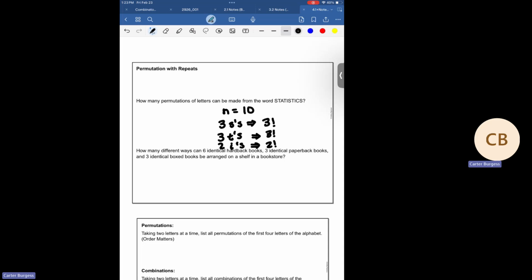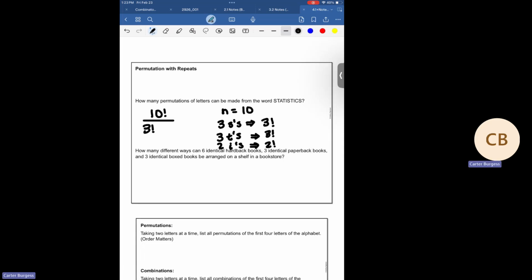So how many total ways can I arrange 10 letters? 10 factorial. And then what should I do to this 10 factorial to get rid of the shufflings that we are seeing here? How can I get rid of the s's, and then the t's, and then the i's? Factorial is multiplication, so how are we going to undo that? We're going to divide by 3 factorial, which gets rid of the orderings of the s's.